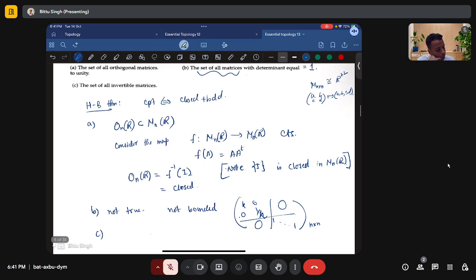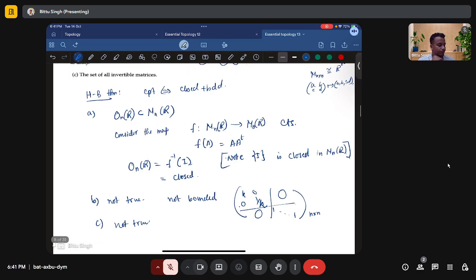It is again not true, because the set of all invertible matrices is actually open. Consider the determinant map from M n R to R. This is a continuous map, there is no issue.